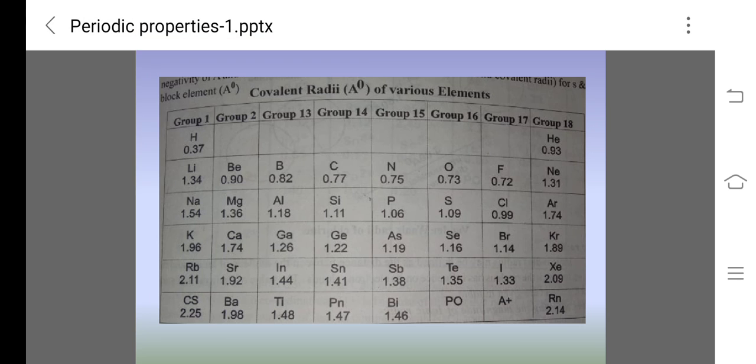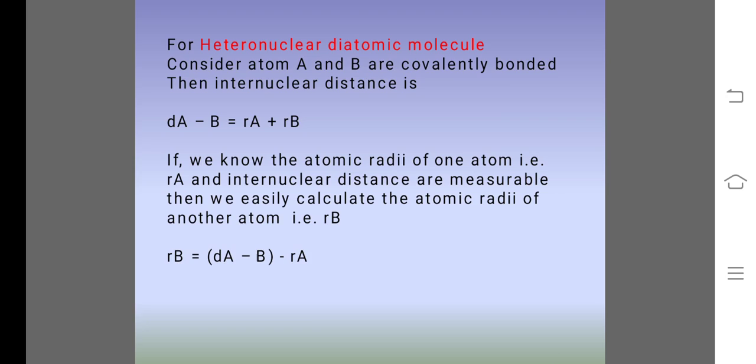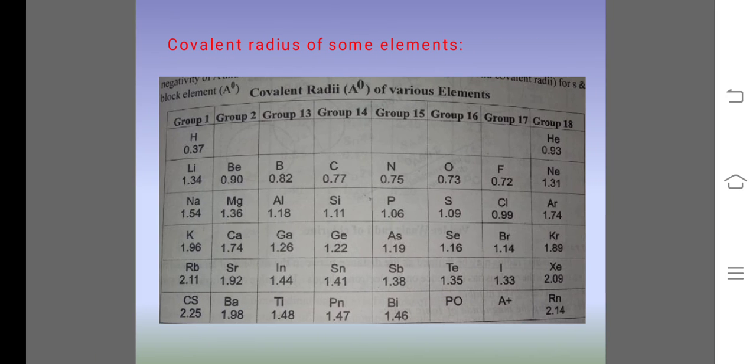If we go from left to right in a period, then what happens? Here see that lithium and beryllium, the s block elements, have sizes lithium 1.34 and beryllium 0.90. It means that the size decreases. If we see boron, carbon, nitrogen, oxygen, fluorine and neon, the sizes are 0.82, 0.77, 0.75, 0.73, 0.72.